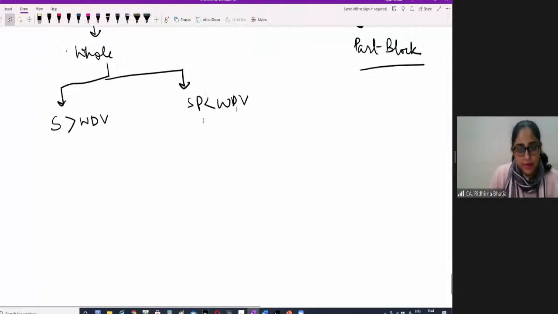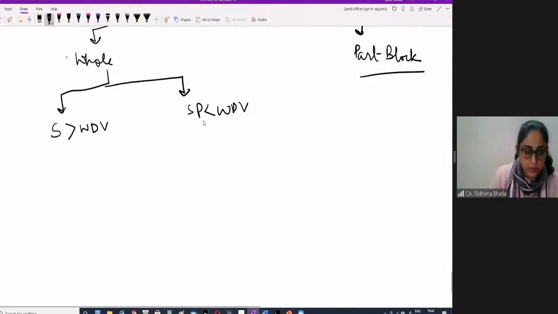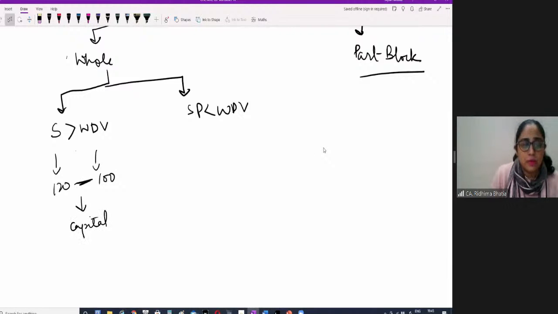If my sale price is more than WDV, suppose WDV was 100, sale price was 120. Then whatever difference comes will go into capital gain as short-term capital gain. Okay?